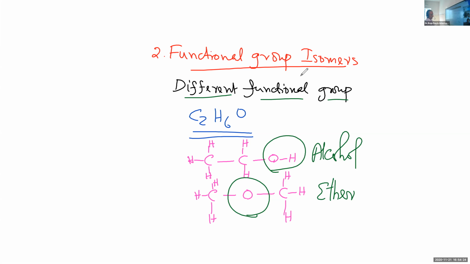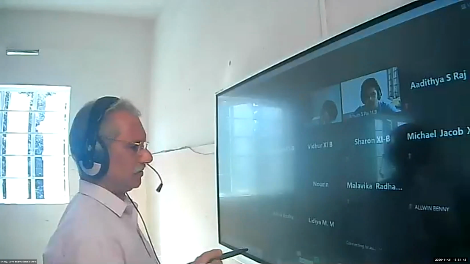In an ether, there is an oxide linkage between two carbon atoms. So here the functional groups are different, and therefore this is an example for functional isomerism.